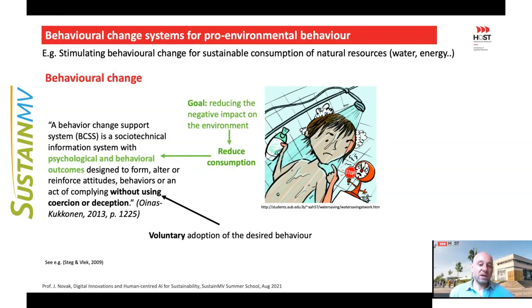The idea is that we can maybe build systems which can support changes from a less sustainable to a more sustainable behavior, so that by designing systems we can form new attitudes and behaviors, change existing attitudes and behaviors, or reinforce better attitudes and behaviors without, and that is now very important, without using manipulation, coercion, or deception. So the challenge is, how can we motivate and stimulate people to do something which is really difficult?